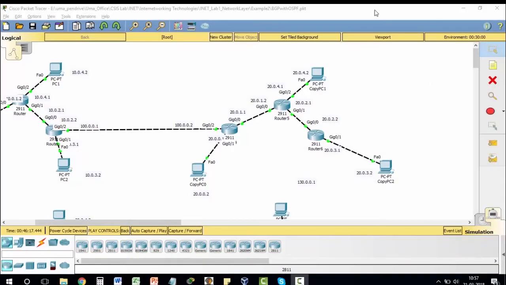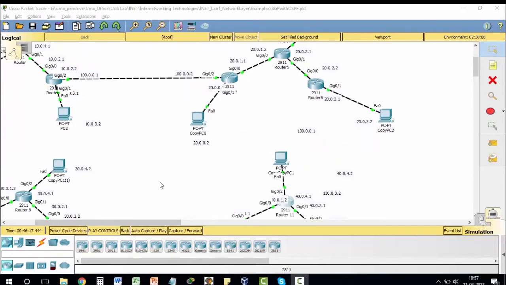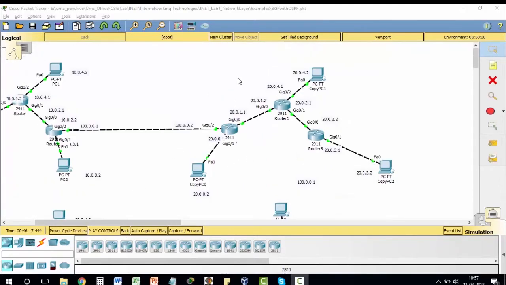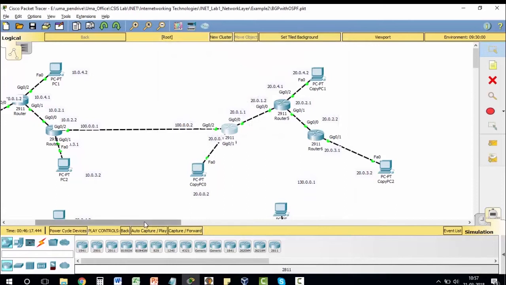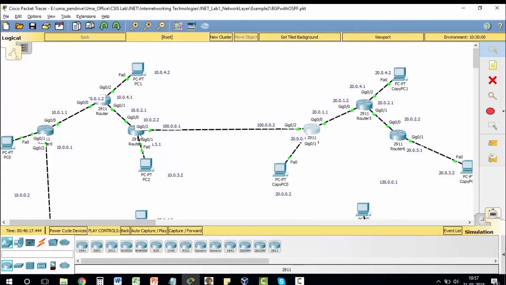As we see in this particular topology, there are four autonomous systems. In this autonomous system, we can see there are three routers connected to three PCs, and one of the border routers is connected to the router of the other autonomous system.